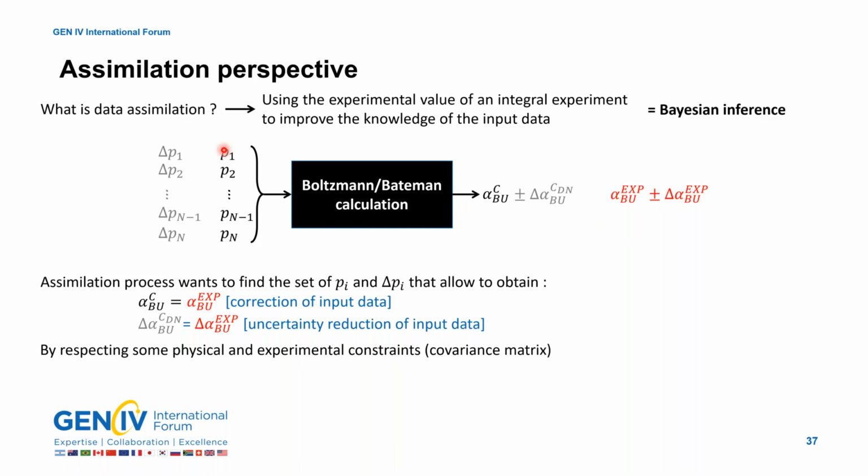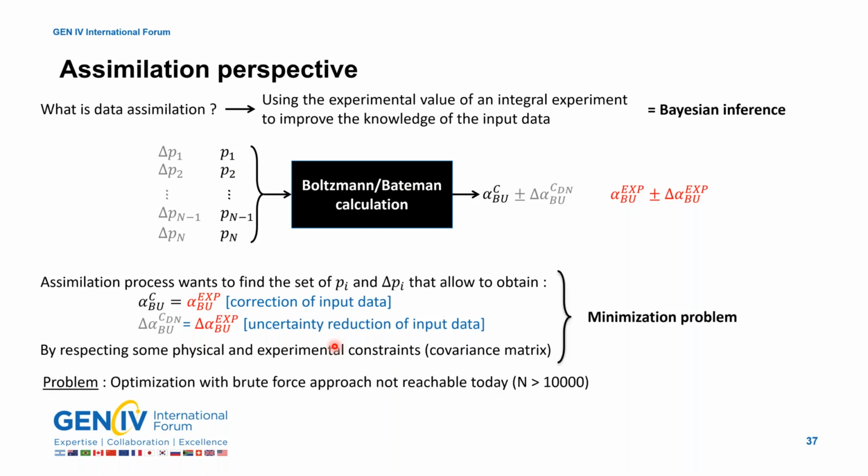You can't, for example, take only the first parameter and change only that one to obtain what you want. No, you need to respect some physical and experimental constraints, and all of these constraints are summarized inside the covariance matrix. So we have an objective and constraints, so it's a minimization problem.